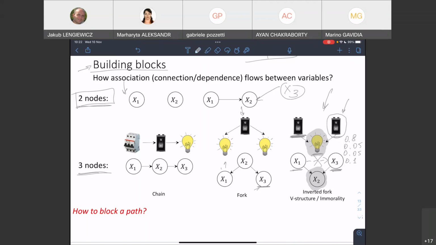Now, if I know that this switch is on, does it tell me anything about the position of another switch? And given our probability distribution, yes, now we know that this switch should probably also be on if we observe the light in the room. So here, unlike the previous situations, the operation of conditioning opens the associational flow between these two non-adjacent nodes, x1 and x3.